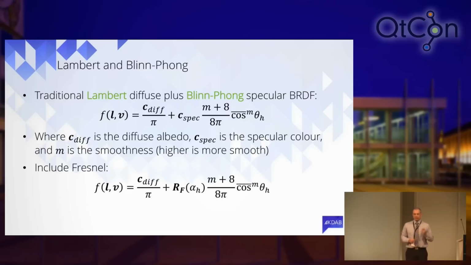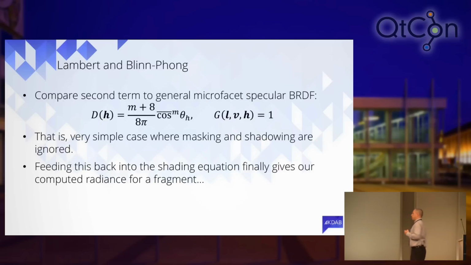And then if we compare that to our microfacet specular BRDF, we can actually see that our normal distribution function is that term on the left, (m plus 8) over 8 pi times cos to the power m of theta h. And our visibility term, our geometric term, is actually 1. So we're not considering masking and shadowing at all with this simple BRDF.